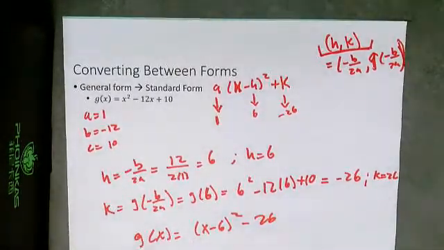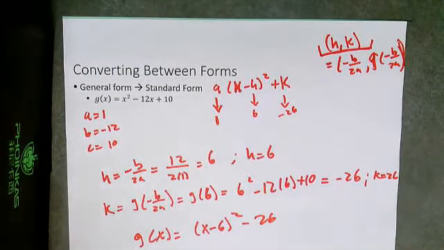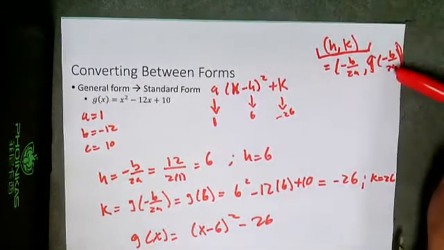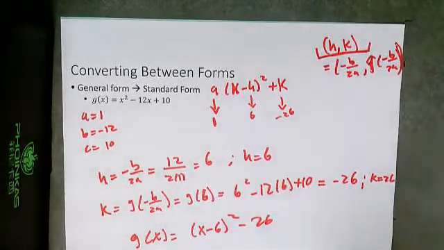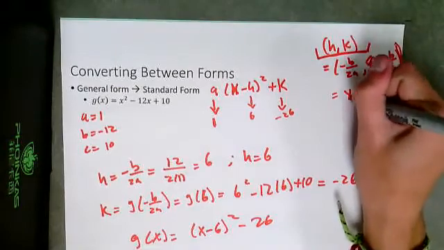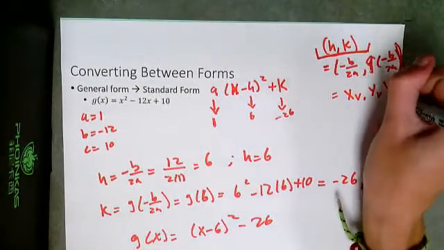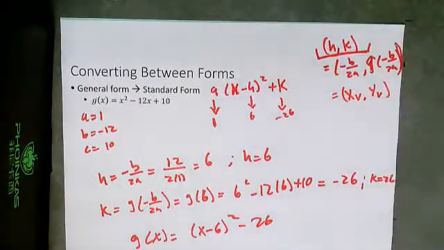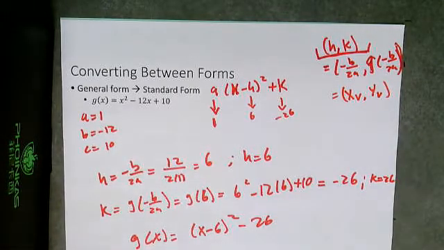You can put a 1 here if you want, but it's kind of useless. And so there you go. A little bit more work, but still doable. Just got to remember that your (h, k) is (x sub v, y sub v), which is negative b over 2a, comma, the function evaluated at negative b over 2a.